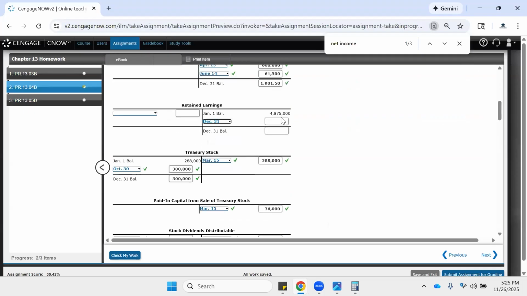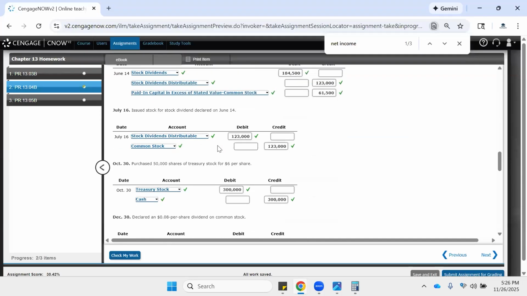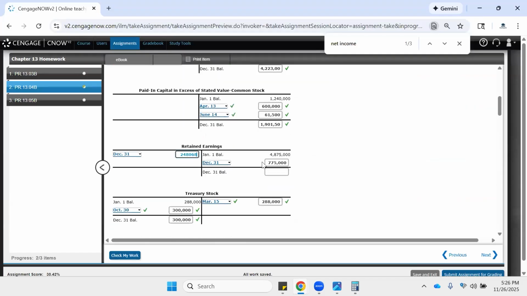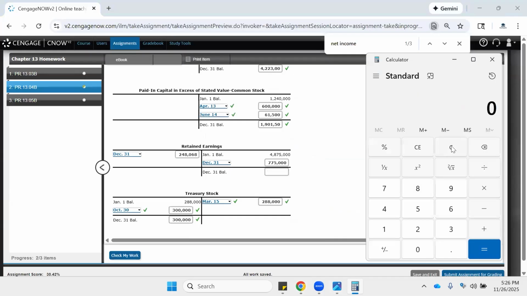And that's going to increase retained earnings. And then our dividends decreased retained earnings. So our total retained earnings is $4,875,000 plus 775,000 minus 248,068.